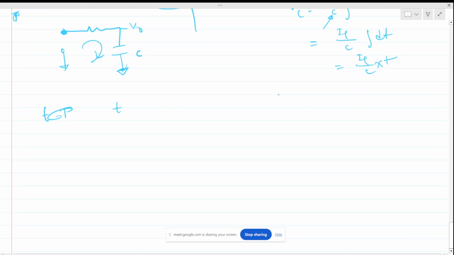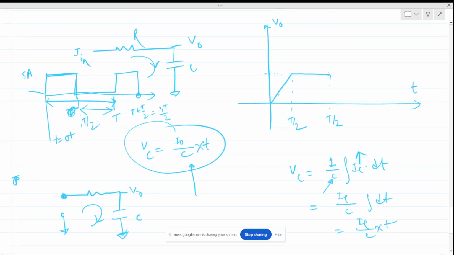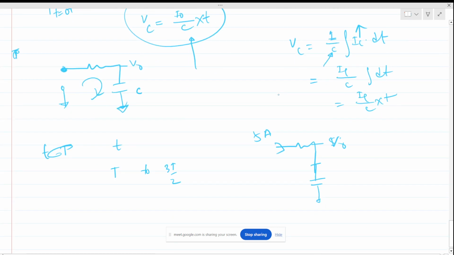What will be the picture? There is again a constant current of 5 ampere, right? Then the voltage across the output will also ramp up, right?